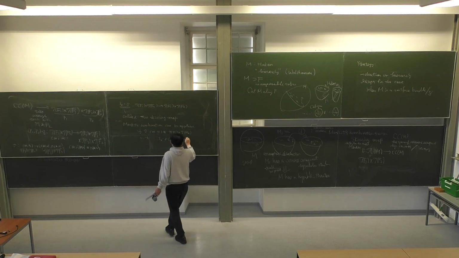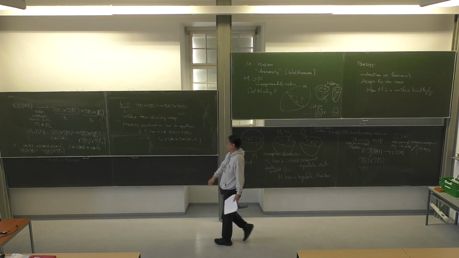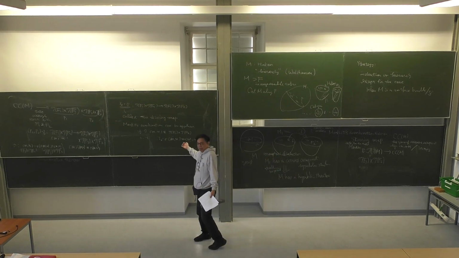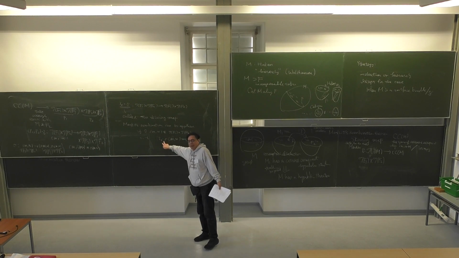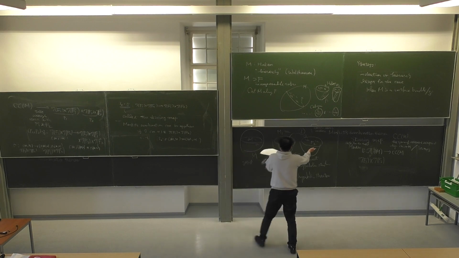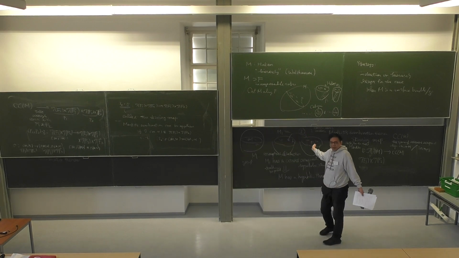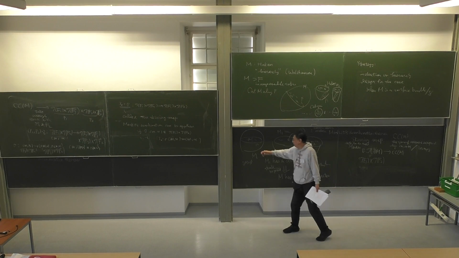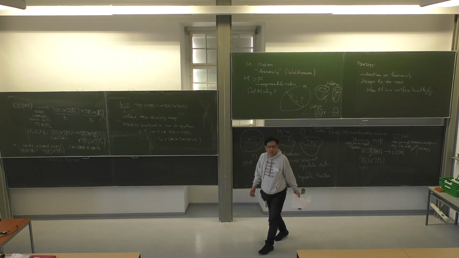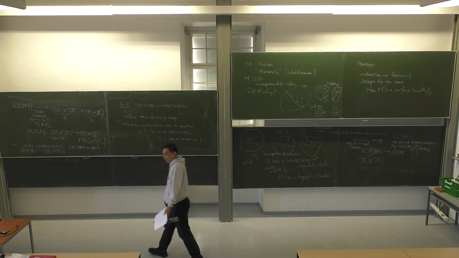That should be written like that. So if you can find M and N which is fixed by the skinning map, then you can paste the structure to get the hyperbolic structure on M. That's the consequence of Maskit's combination theorem.